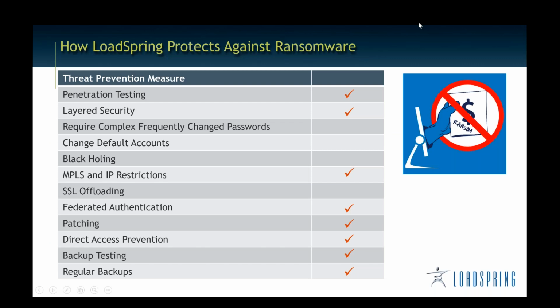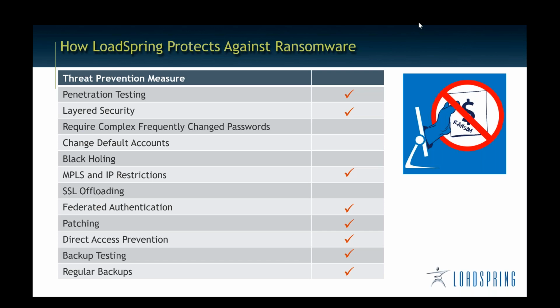All right, thank you. So how do we protect against ransomware? You can see that this one really hits across a lot of areas. So we have a lot of layers of protection in place against this, right? Penetration testing, again, can show you vulnerabilities or weaknesses that exist in the software. Our layered security really comes into play here because those web applications that are vulnerable, we separate those with a physical firewall from your data information.